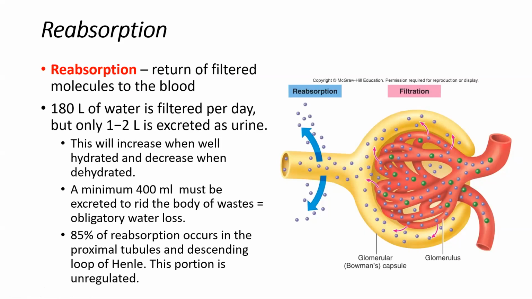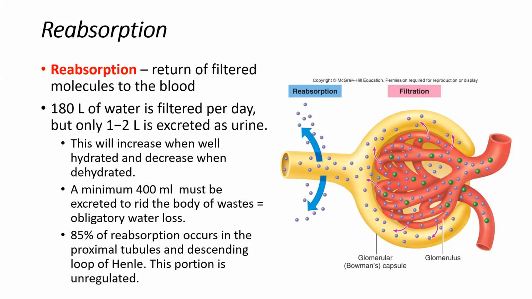We reabsorb most of our filtered molecules, and I described what those are earlier. We reabsorb most of our water. So 99% of the water is reabsorbed, and we only excrete about 1 to 2 liters per day. Now, this will obviously increase in well-hydrated states and decrease in dehydrated states.